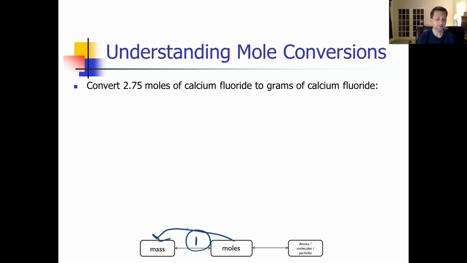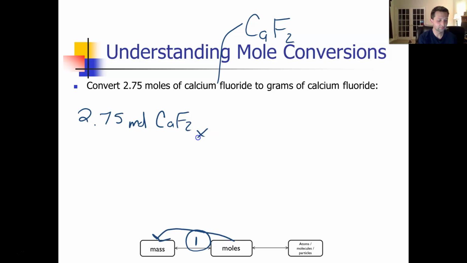Calcium fluoride, you need a formula for that. So that's CaF2 from our nomenclature unit. Calcium's a +2, fluoride's a -1. So let's go ahead and solve it. So 2.75 moles of calcium fluoride. It's going to be 1 step, so I set my 1-step problem up.